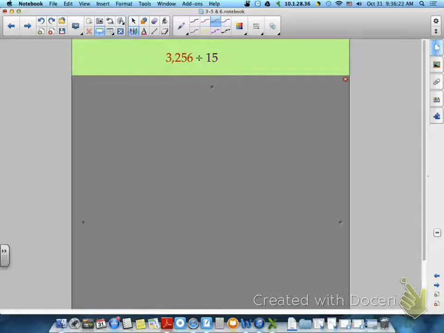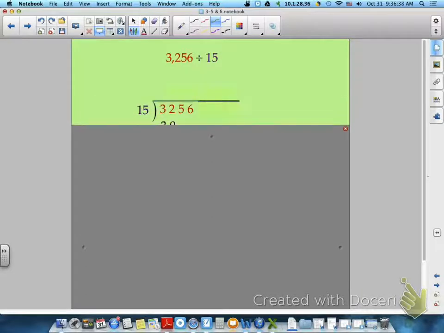Okay, so just keep that in the back of your mind. Now, which is the dividend? 3,256. That's the number you're dividing into. That's the one that goes inside, and therefore the dividend. So I'm going to put that inside the house. And 15 will be my divisor.